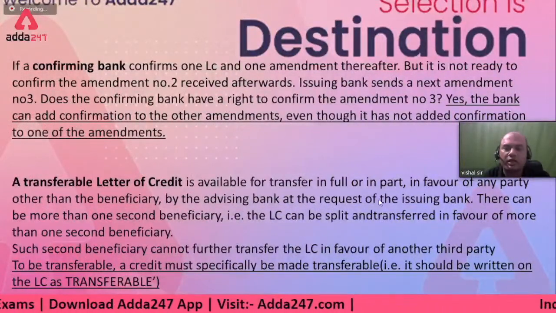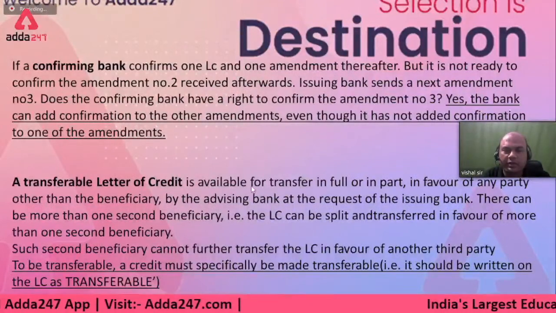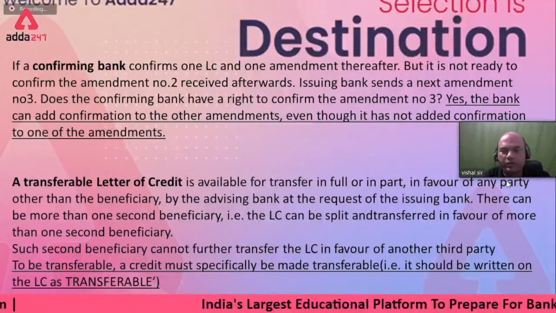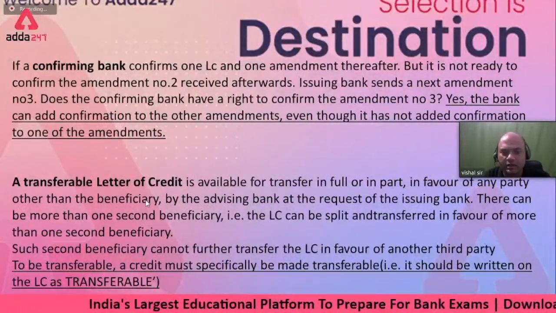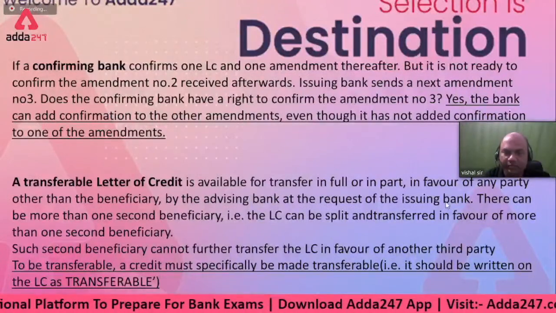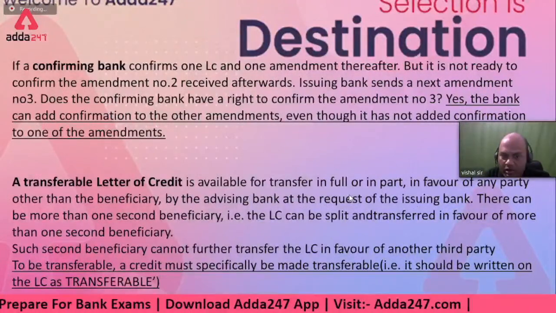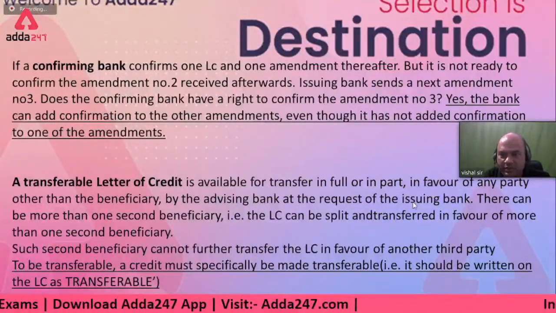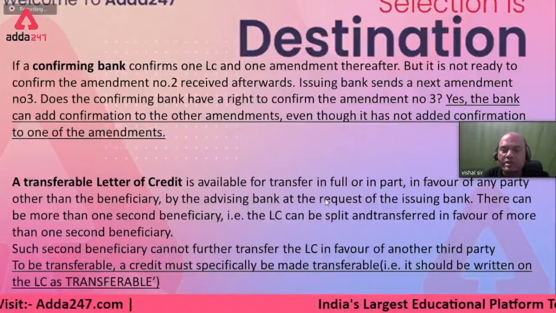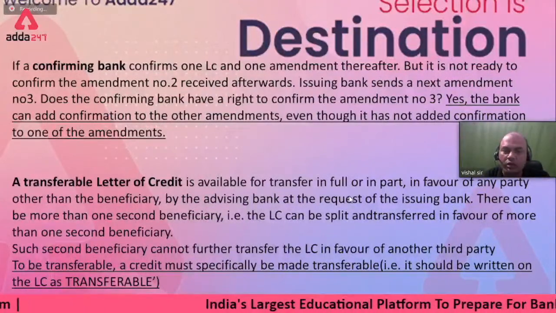Okay. So what does it mean? It is available for transfer in full or in part in favor of any party other than the beneficiary by the advising bank at the request of the issuing bank. Okay. Now remember this. What does it mean? At the request of the issuing bank, it's not actually the issuing bank making the request. The issuing bank just states that this document is transferable.